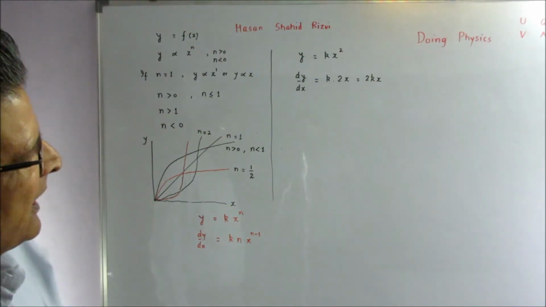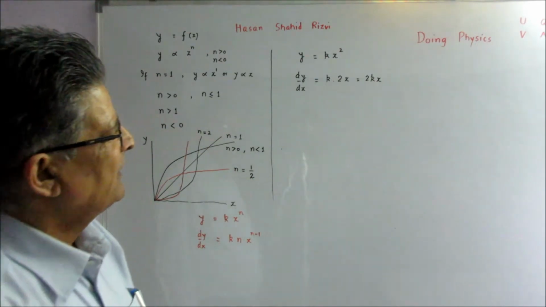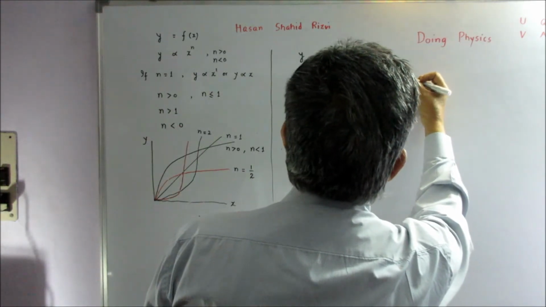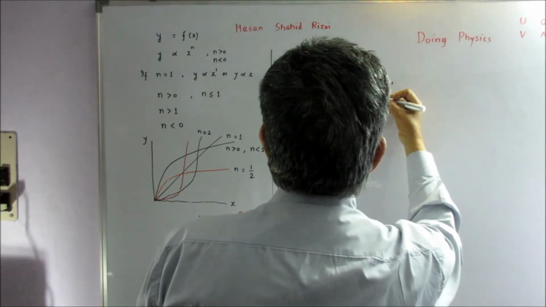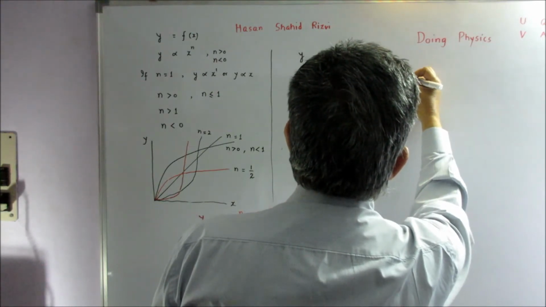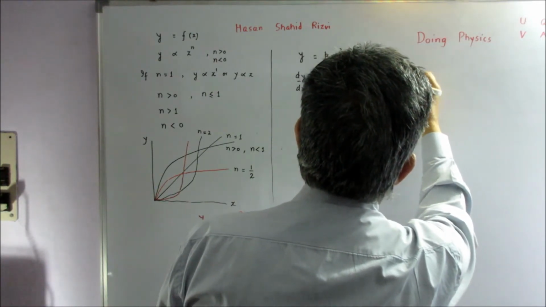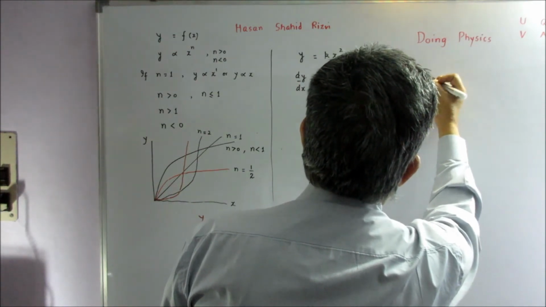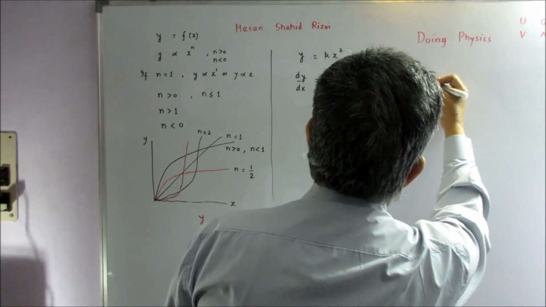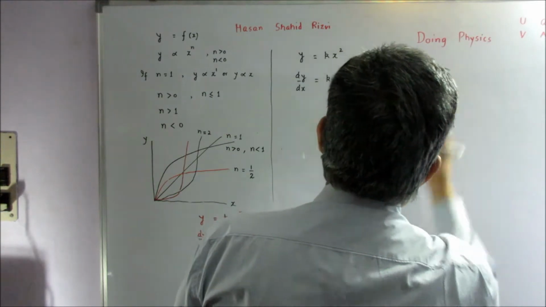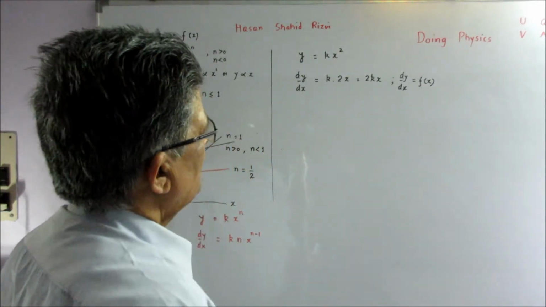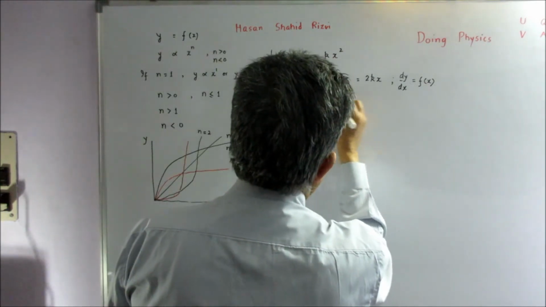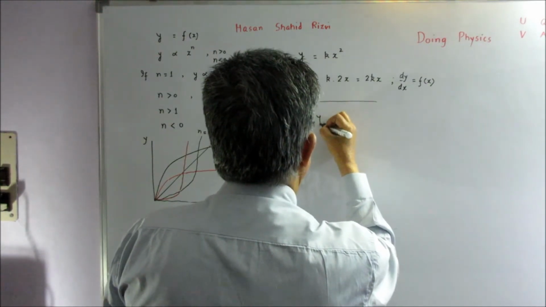Here we see that again dy dx is a function of x, which is not so in the case of y is equal to kx, the linear function.